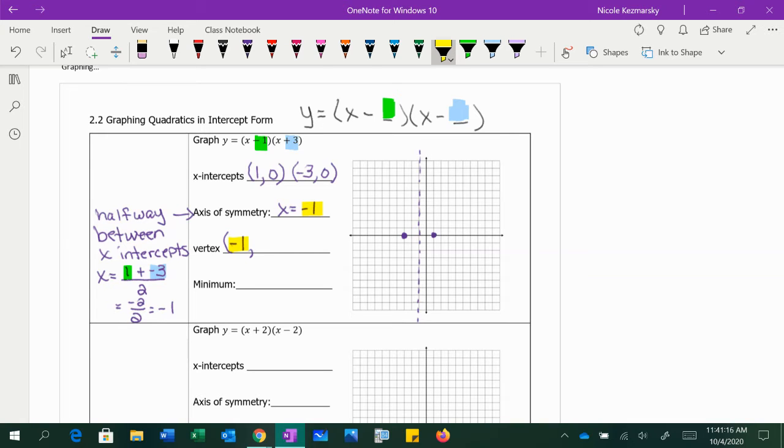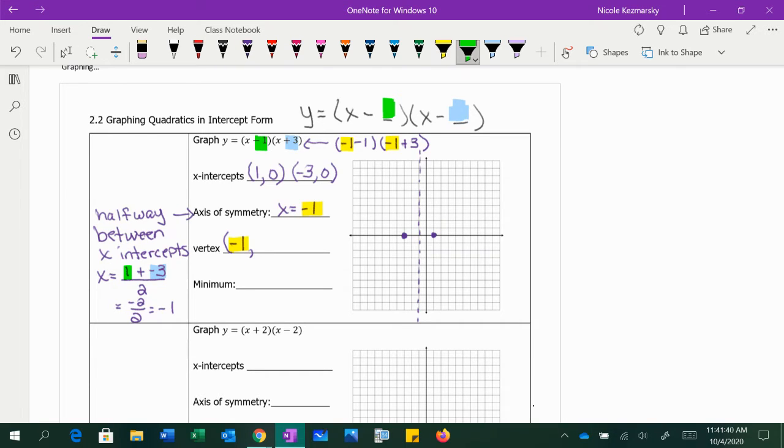So this and this are always going to match. Then I'm going to do a little scratch work on the side, and I'm going to plug my x value into the original function. So up here, I'm going to say -1 minus 1 times -1 plus 3. And let me highlight those yellow so that we know that's where those came from.